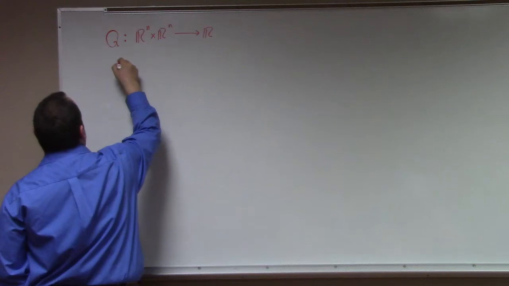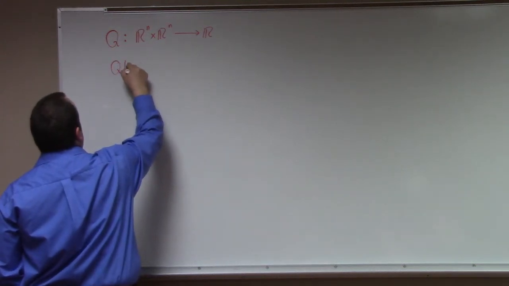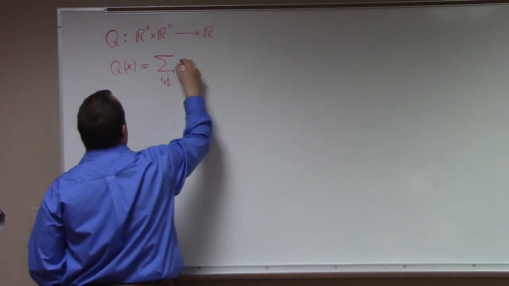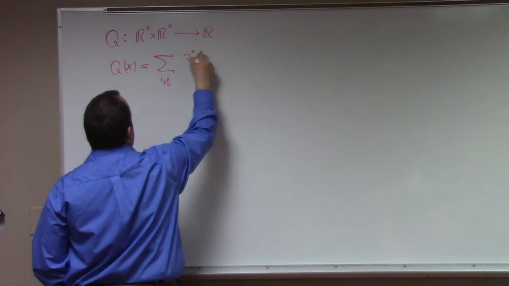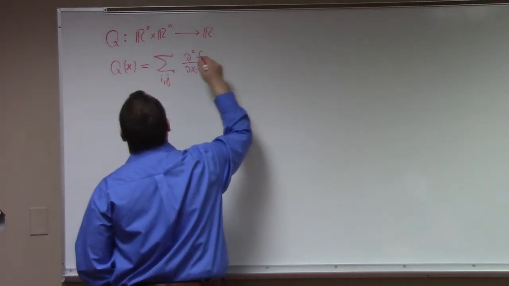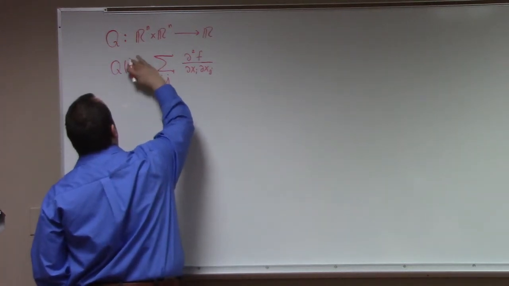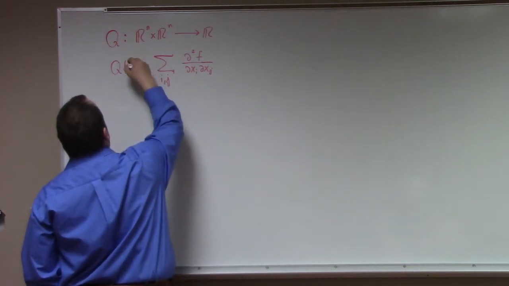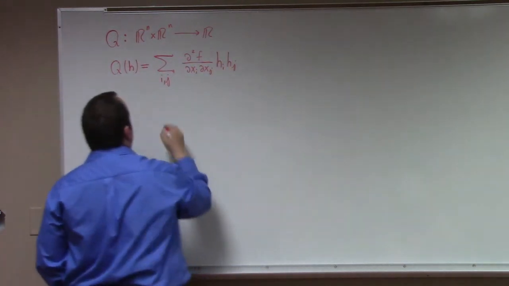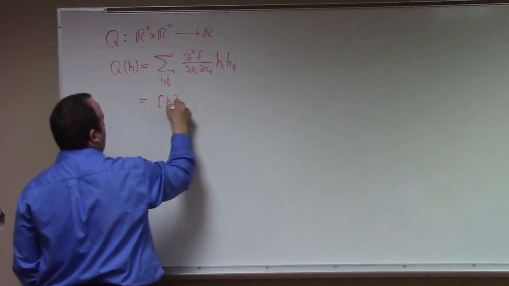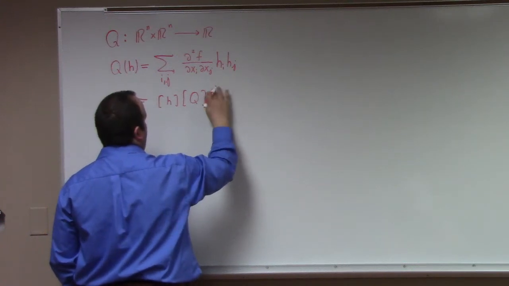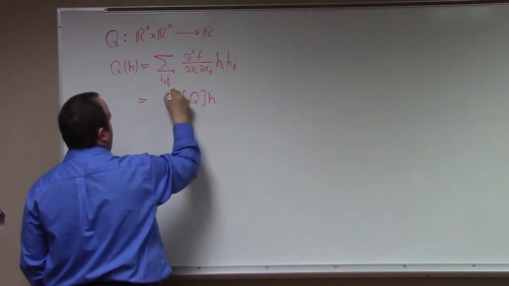Essentially the formula for it is: Q of h is equal to the sum over i and j of the second partial of f with respect to x_i and x_j, times h_i h_j. You could rewrite this as the h vector times the matrix of Q times h transpose.